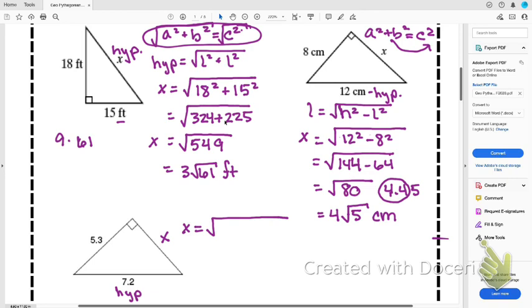Okay, so 0.72 squared minus 5.3 squared. So I'll let you guys square 53, and I'll square 72.